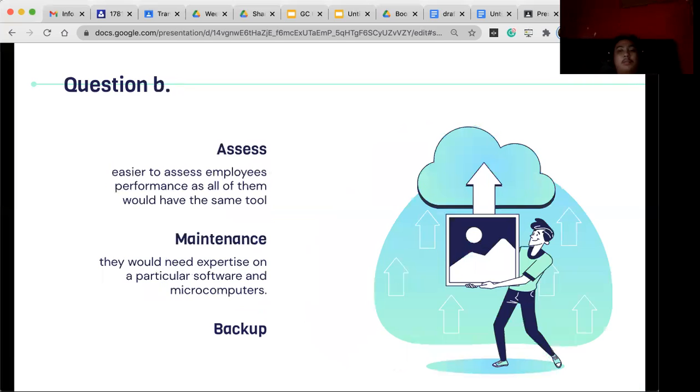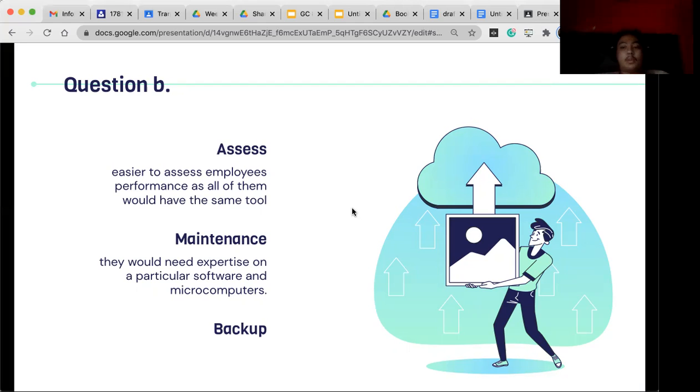Question B, discuss the benefits of having standardized hardware and software for microcomputers in an organization. Having a standardized microcomputer system would make it easier to assess the employees, as all of them would have the same tools, same computer, same software.